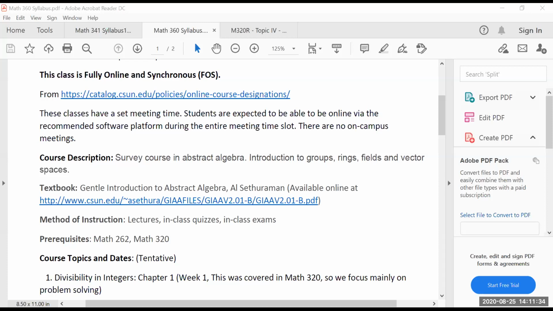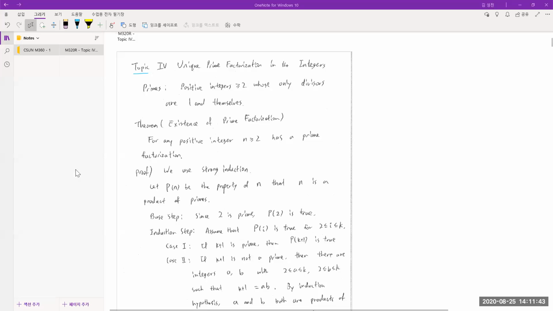Okay, then I will start today's material. These notes that I'm showing you are on Canvas now. I uploaded them a few minutes ago, so you will be able to find them.